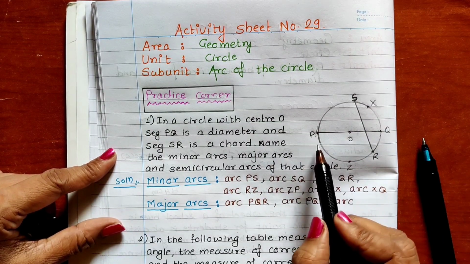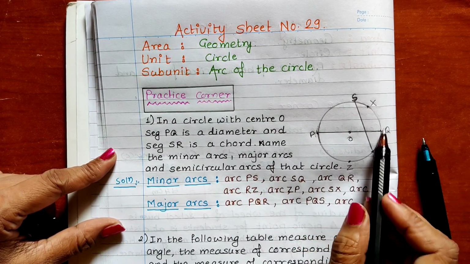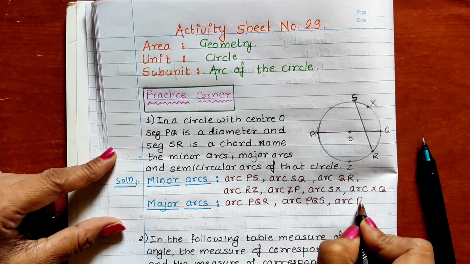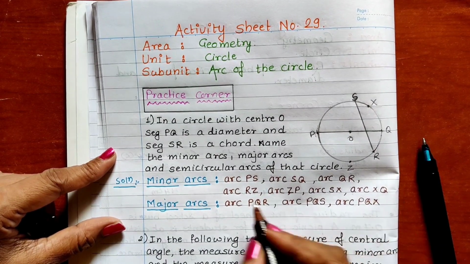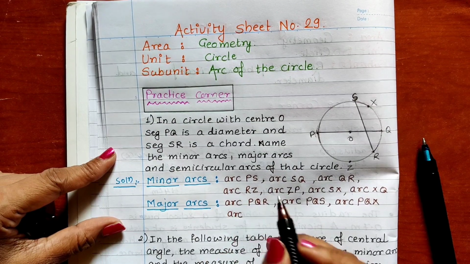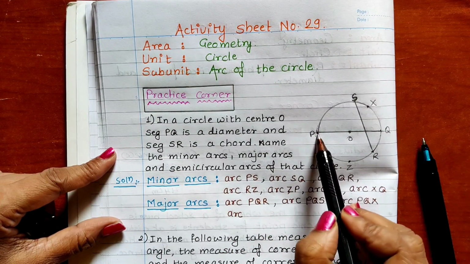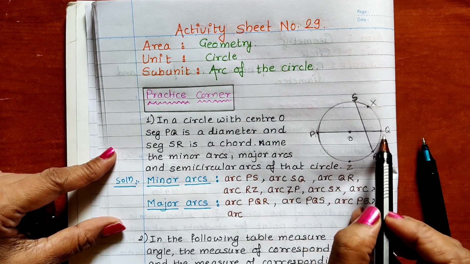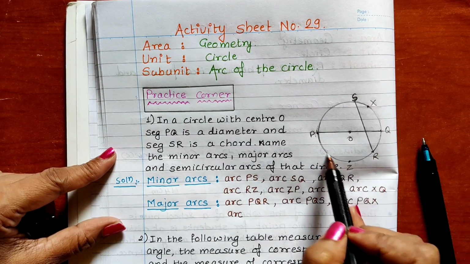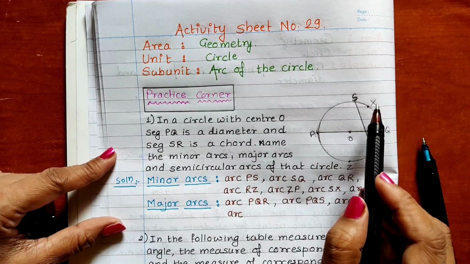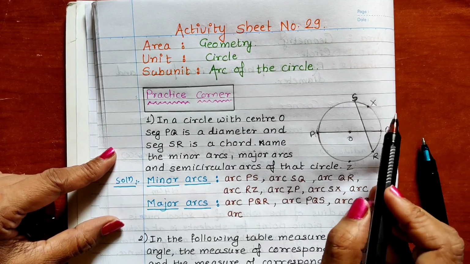I can write arc PQX also. I can write arc SRP or SQP, like that. That means you can write the name of any arc.